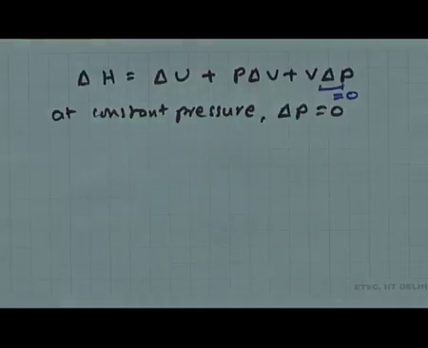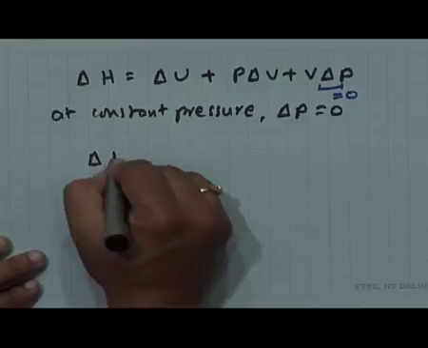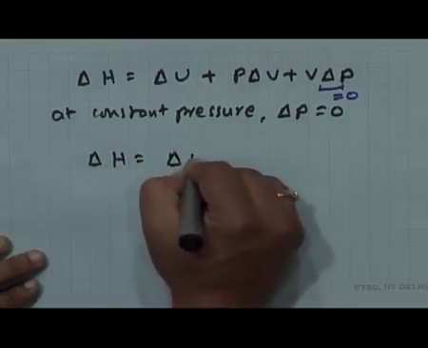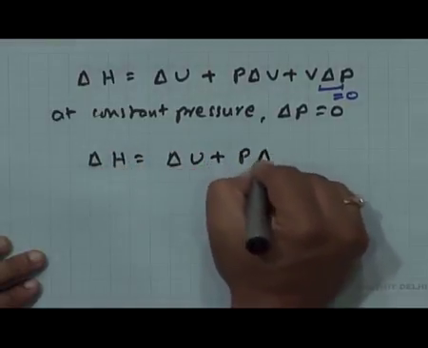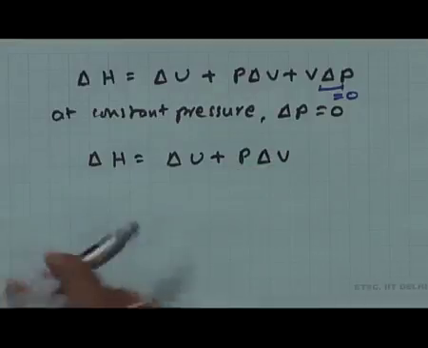So the moment I write that, I have delta H is equal to delta U plus P delta V.